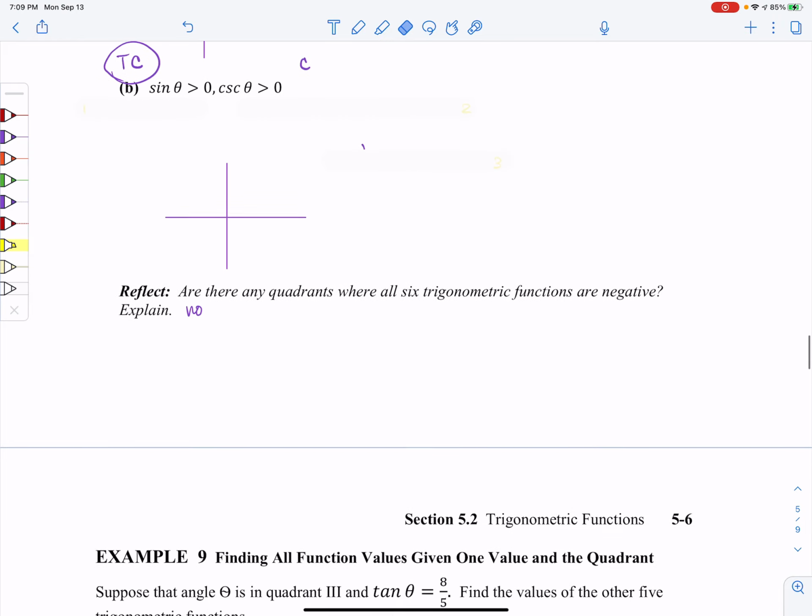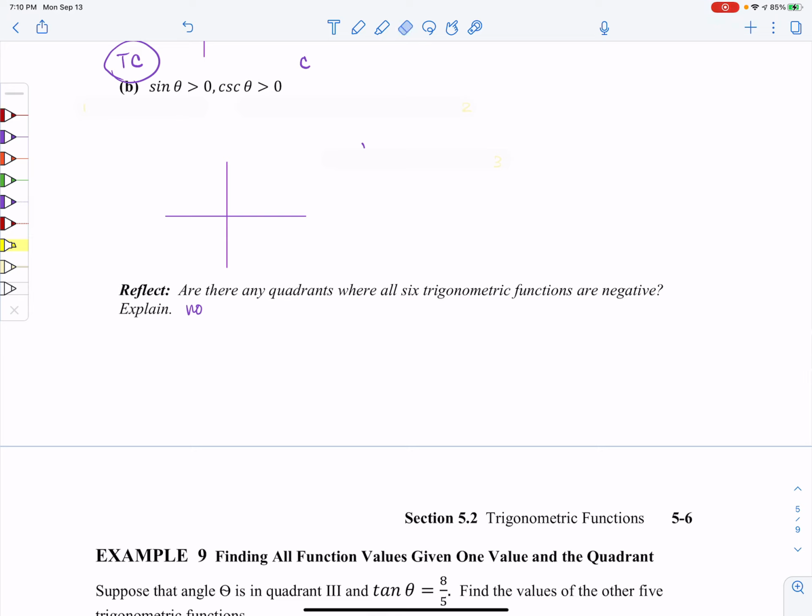All right, on this one, notice that the first thing it says is that sine is positive. Remember, sine is related to the y values. Y values are positive in quadrants 1 and 2. And then the second thing it says is that cosecant is also positive.